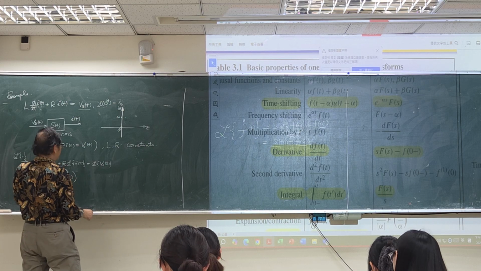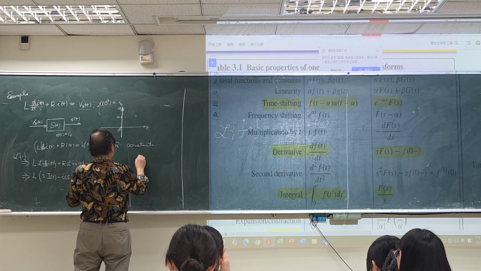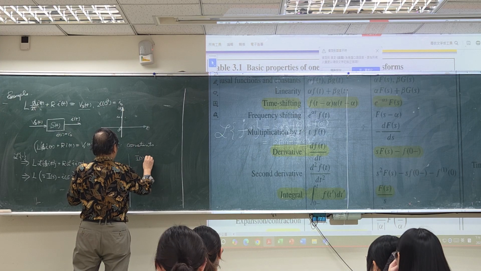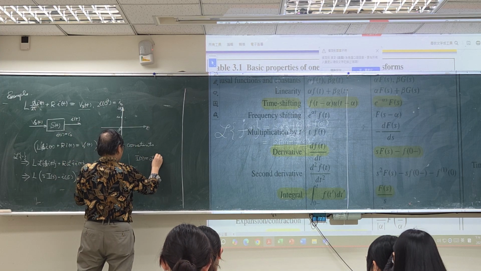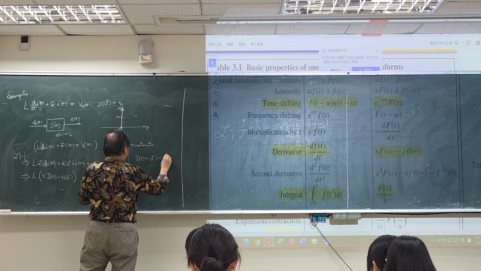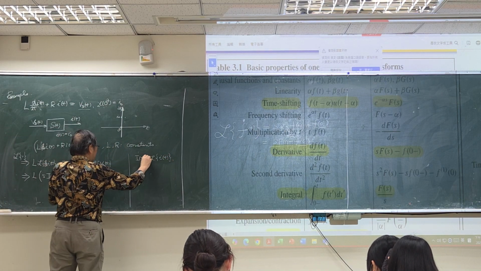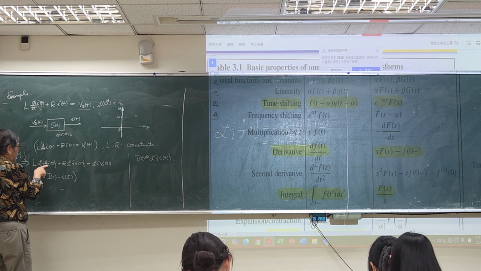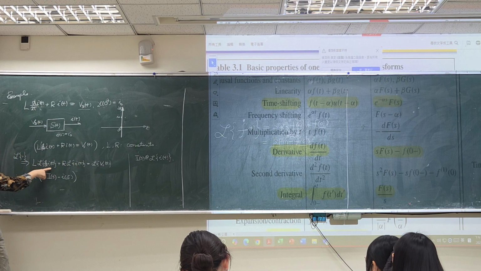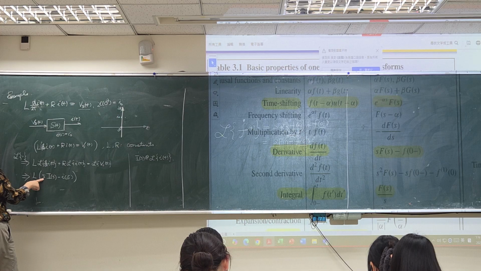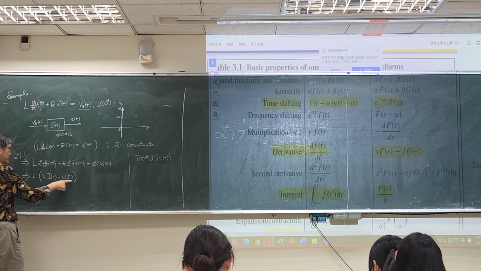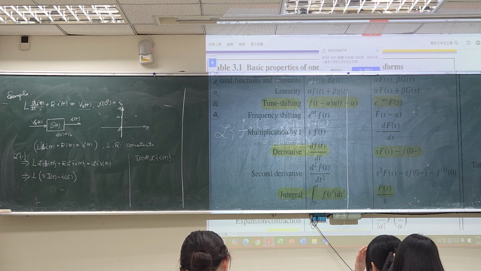For convenience, let's define I of s as the Laplace transform of i of t. So the Laplace transform of di over dt is equal to s times I of s minus the initial value at 0 or 0 sup minus.